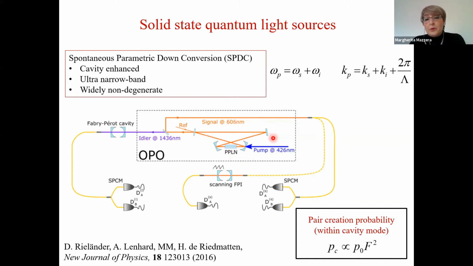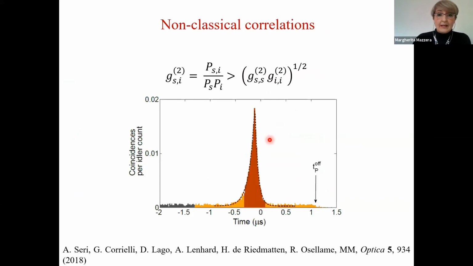And so if we design the cavity properly, with this trick we will end up with very narrow band photon pairs, which means also with very long coherence time and very high non-classical correlation.